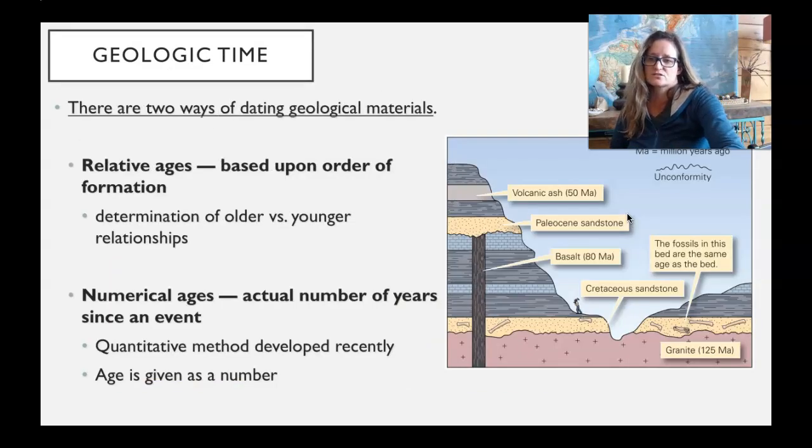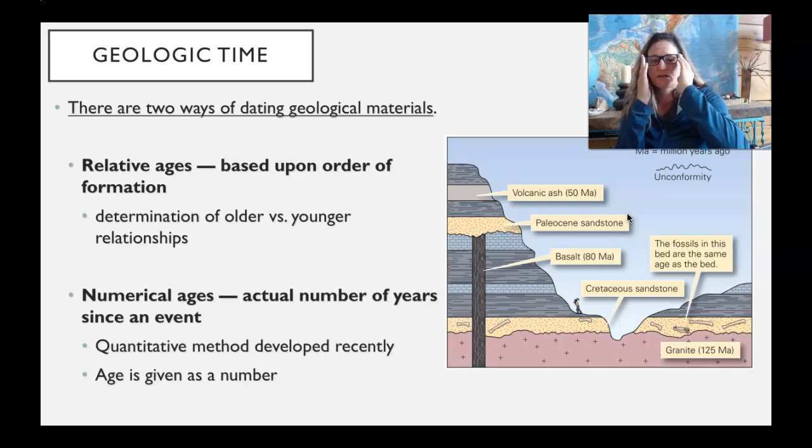All right, so this chapter splits geologic time into two parts. We're going to look at relative ages and then exact or numerical ages. Relative ages means that we can determine the relationship between two events, two rock types, or an event and a rock type.